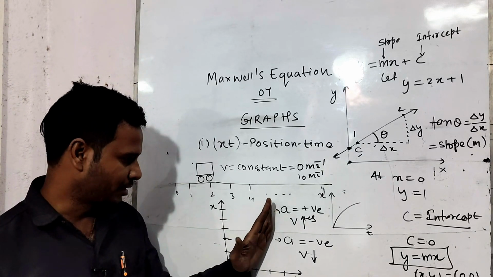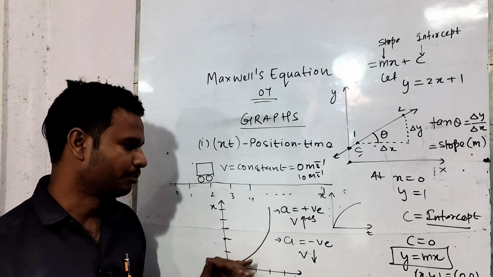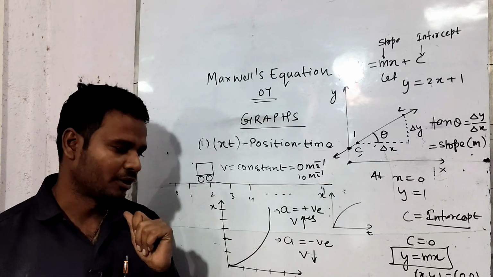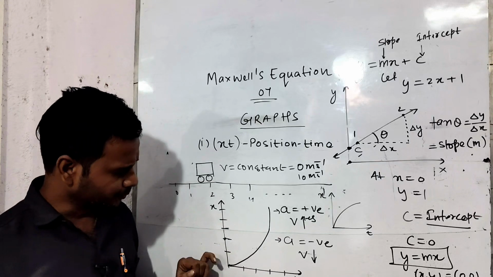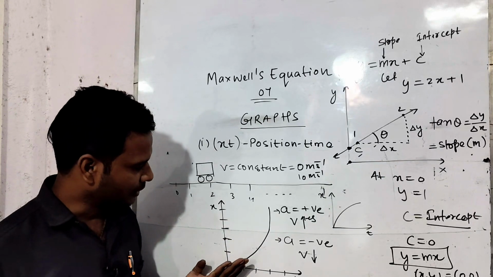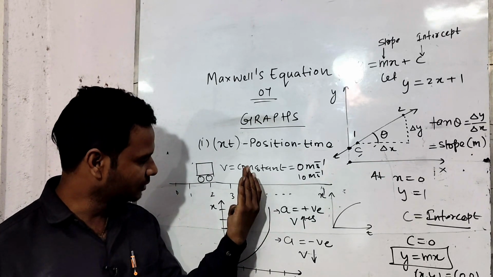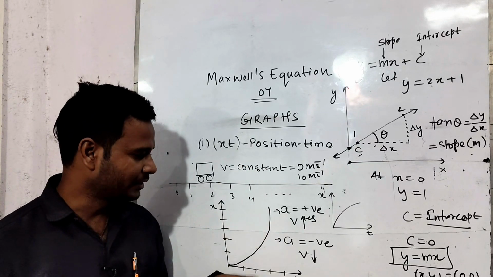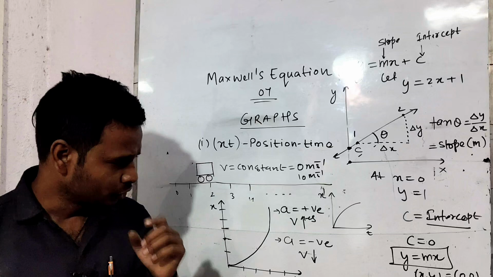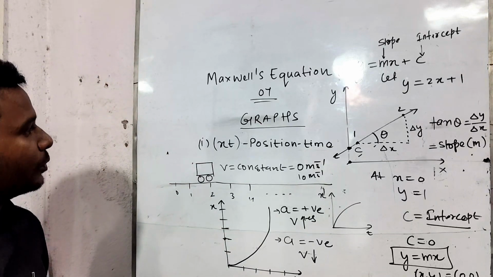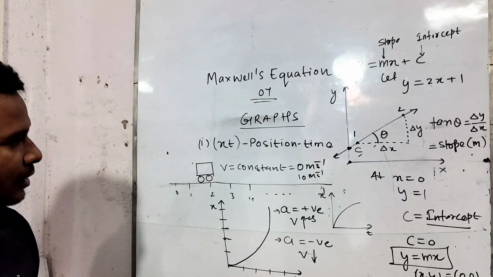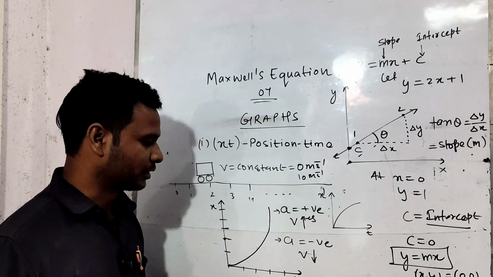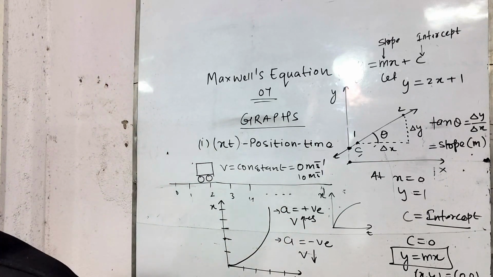This is a curve which has a name called parabolic curve. Bending towards the displacement axis means positive, bending towards the time axis means negative. So this is how zero acceleration and accelerated motion are described graphically.